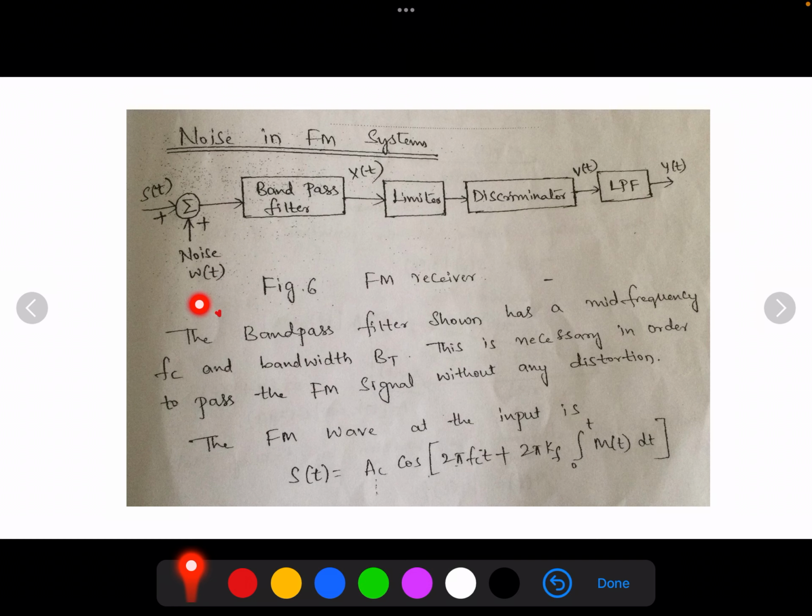The received FM signal S of t has a carrier frequency Fc and transmission bandwidth of Bt, such that a negligible amount of power lies outside the frequency band Fc plus or minus Bt by 2 for all the positive frequency.